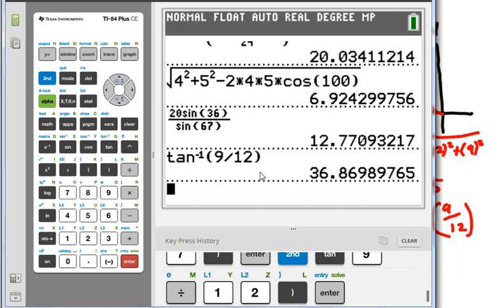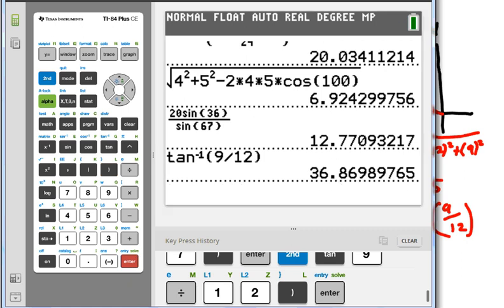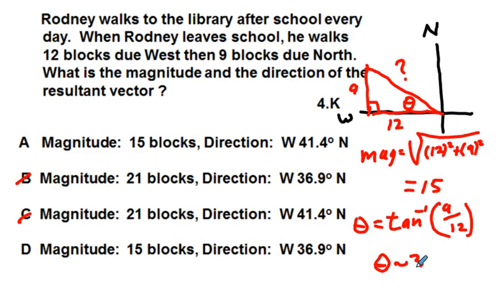I'm getting 36.9 degrees. And that looks like it's going to be answer choice D.